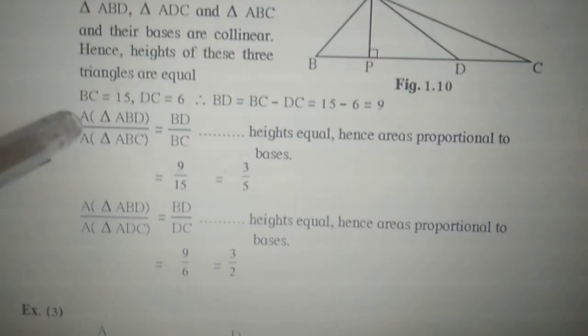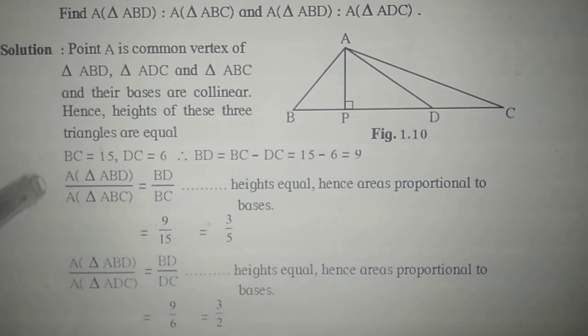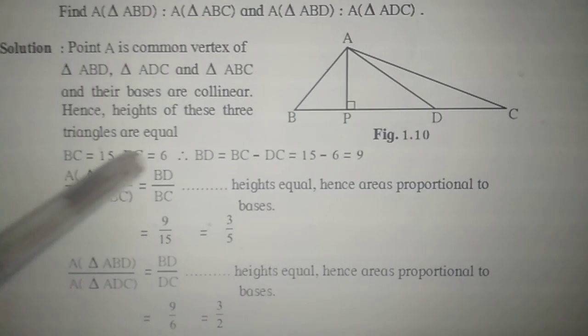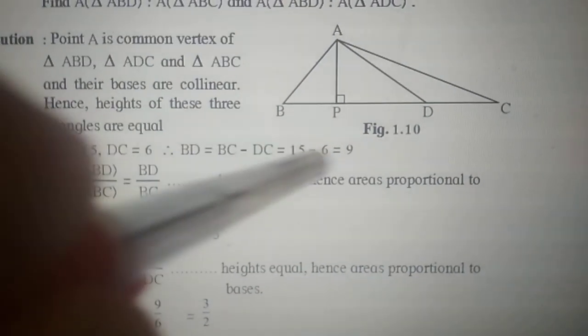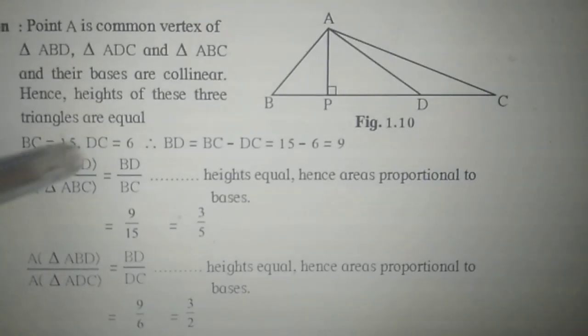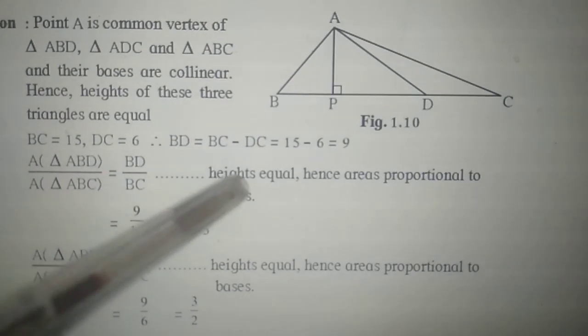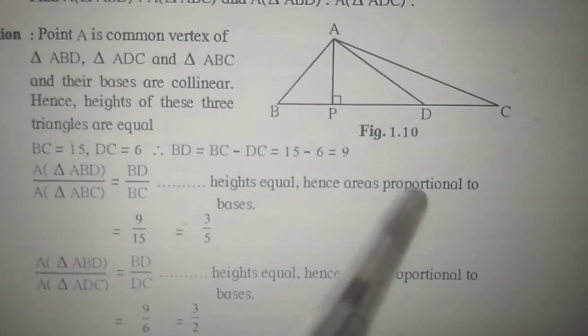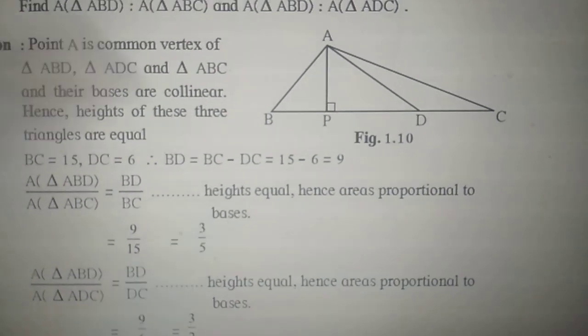Therefore, first, area of triangle ABD upon area of triangle ABC equals the ratio of their corresponding bases. ABD's base is BD, ABC's base is BC, that is BD upon BC, because heights are equal, hence area is proportional to bases.